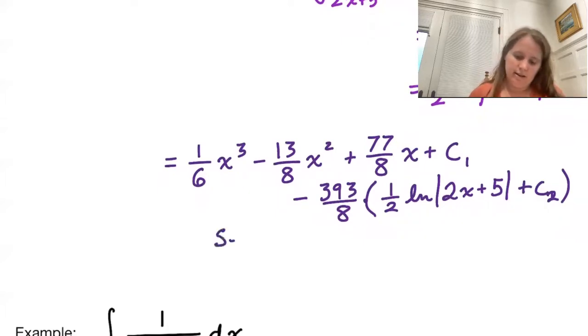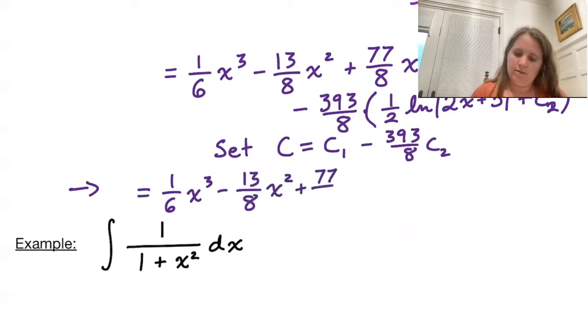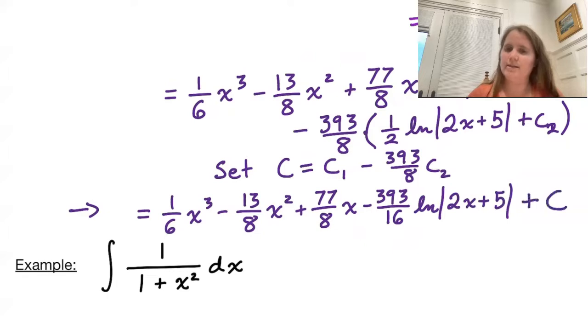If we just set C to be C1 minus 393/8 C2, we wind up getting that our integral is equal to 1/6 x cubed minus 13/8 x squared plus 77/8 x minus 393/8 times 1/2 would be minus 393/16 natural log of absolute value of 2x plus 5, and then plus c.